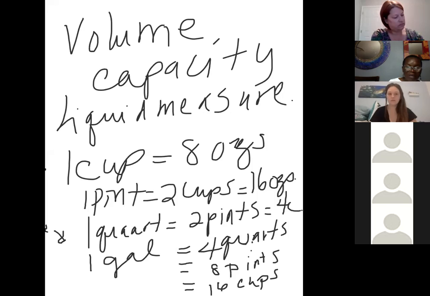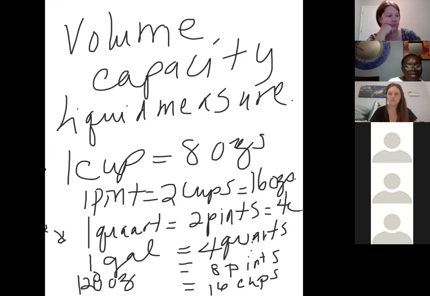Can somebody multiply 16 times 8? How many ounces would that be? 128. 128 ounces. So a gallon of juice has 128 ounces in it. All right.